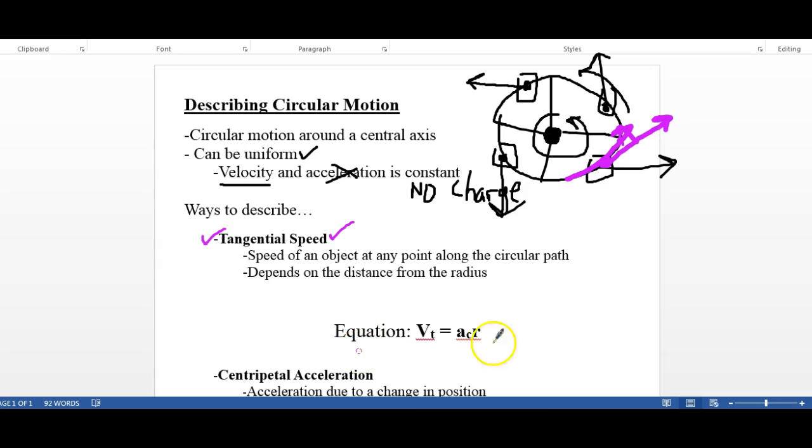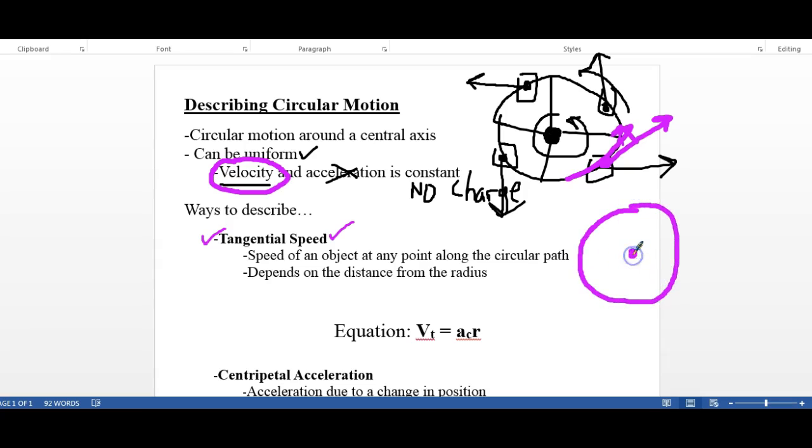Something really important to remember is that tangential speed depends on the distance the object is from the radius, especially when velocity is constant. Let's draw a CD, a music CD.